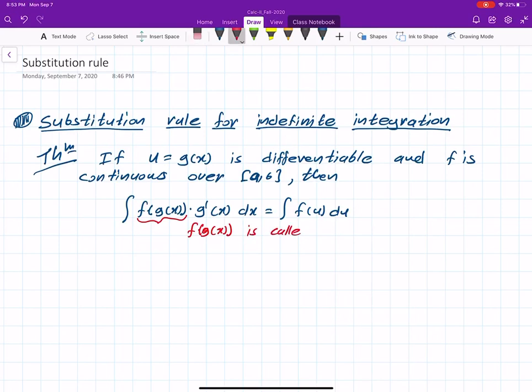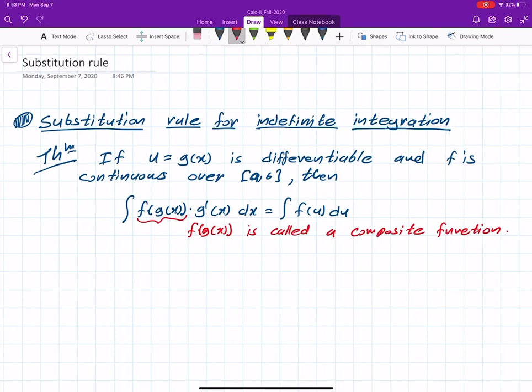A composite function is a function which has another function inside. It is made of two functions: there's an inner function and there's also an outer function.